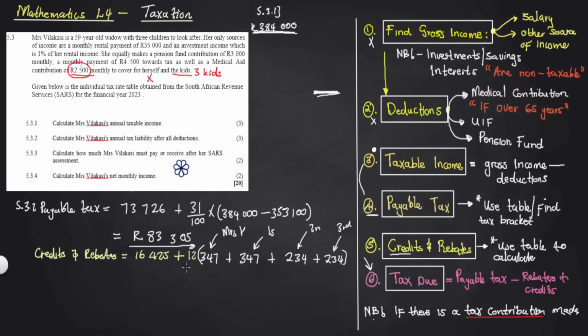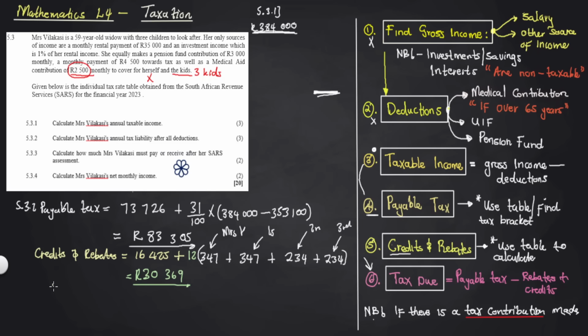So 16,425 plus 12 open bracket 347 plus 347 plus 234 plus 234 close brackets, which is 30,369. So these are the credits.